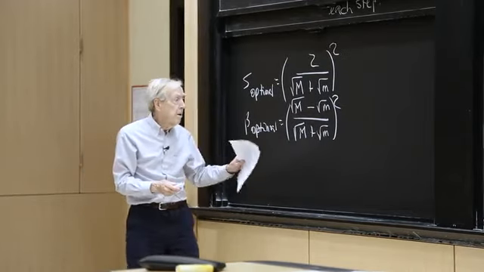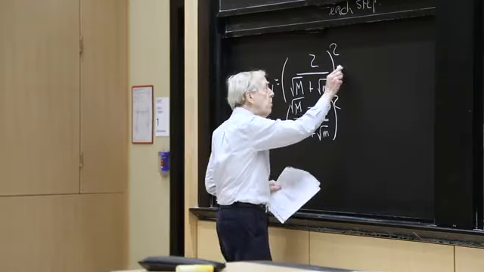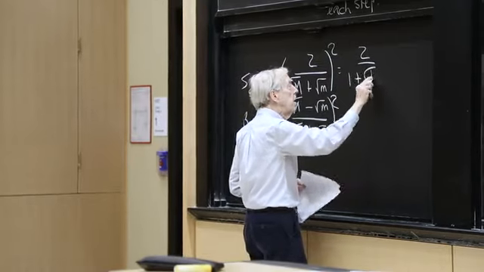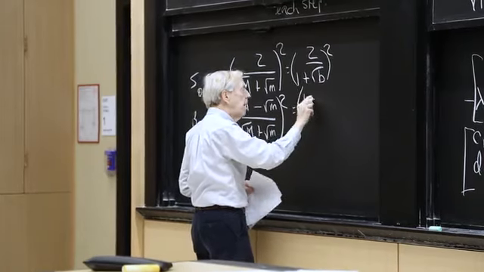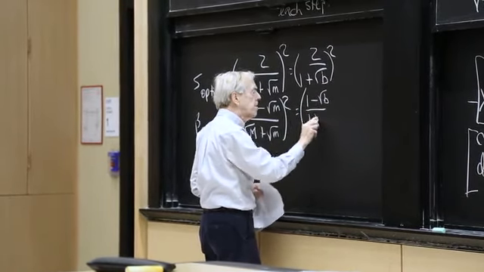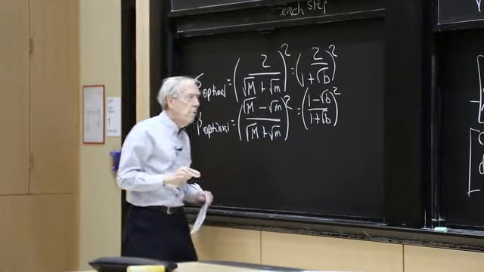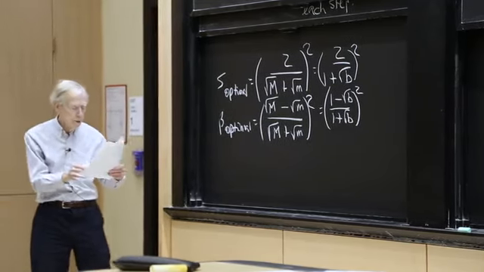In fact, for our example, let me just write what they would be: 2 over 1 plus the square root of b, squared, and 1 minus the square root of b over 1 plus the square root of b. You see where this 1 minus square root of b is beginning to appear. It appears in the solution of this problem.